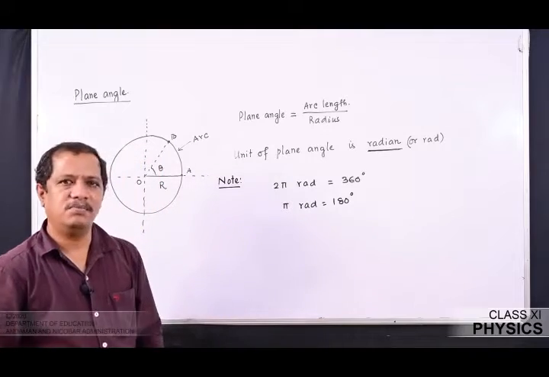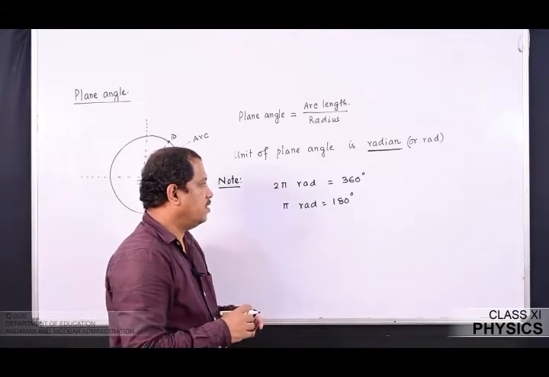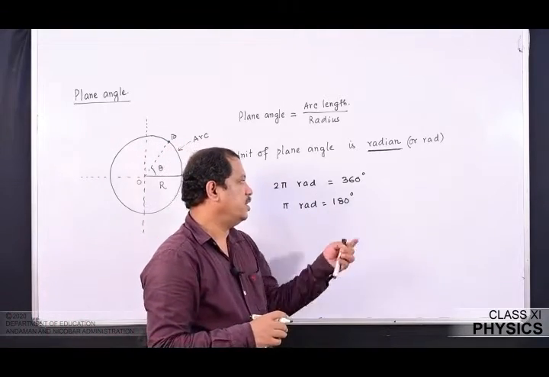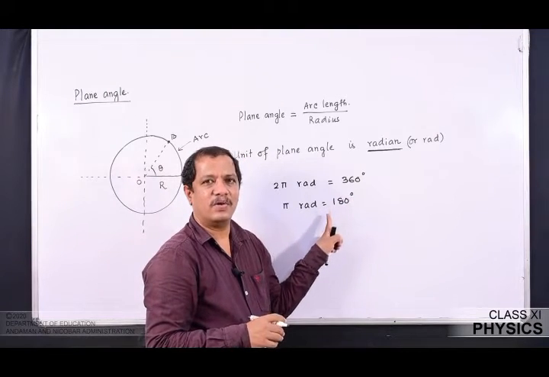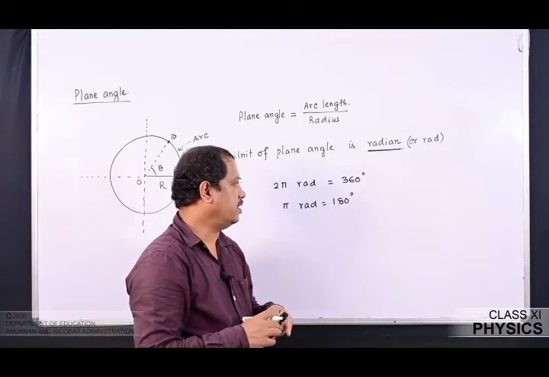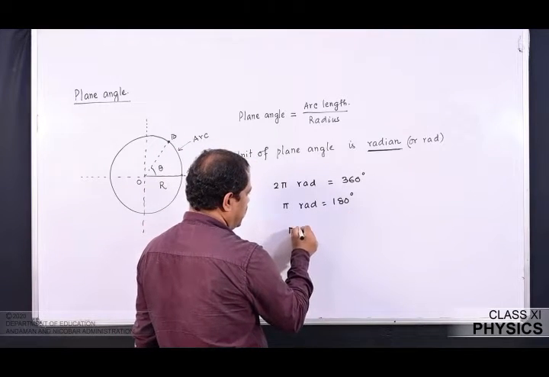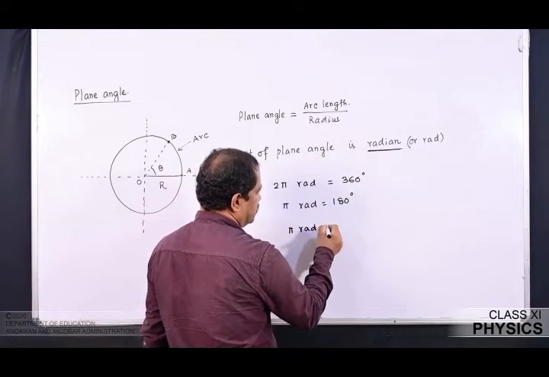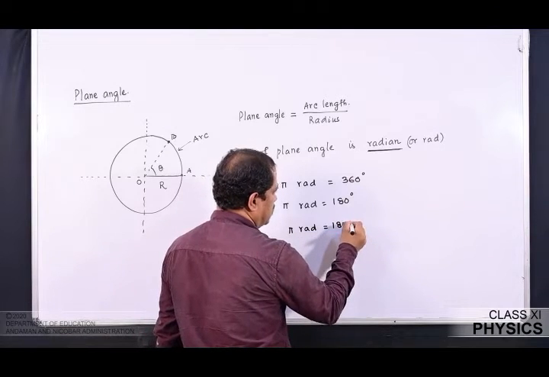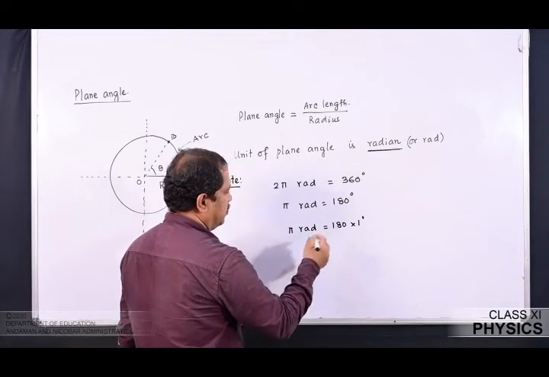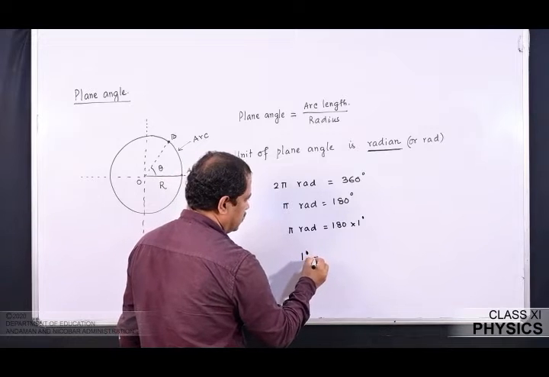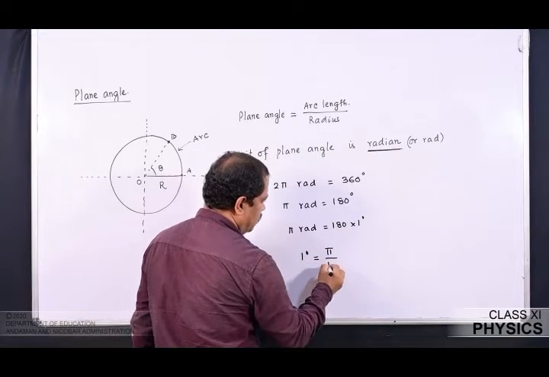So, dear students, at times you may need to convert degree into radians or radian into degree. In that case, I shall write pi radian is equal to 180 into 1 degree, or I would say that 1 degree is equal to pi by 180 radian.